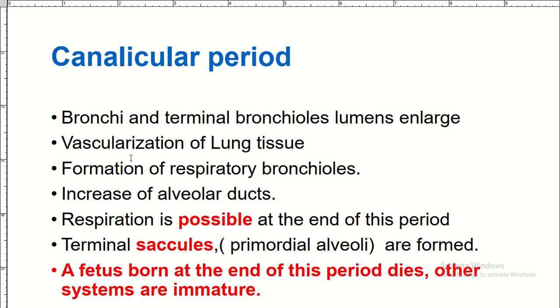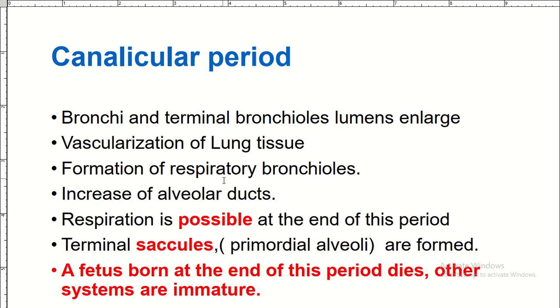You understand, right? So the bronchi and terminal bronchi lumen enlarges, and there is vascularization of lung tissue. So that's how you're going to have the interaction of your endothelium and your epithelium of your alveoli to form what is called the blood-air barrier, right?